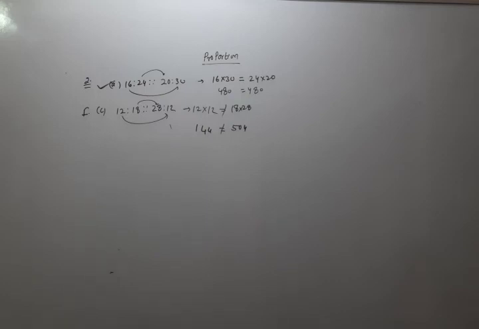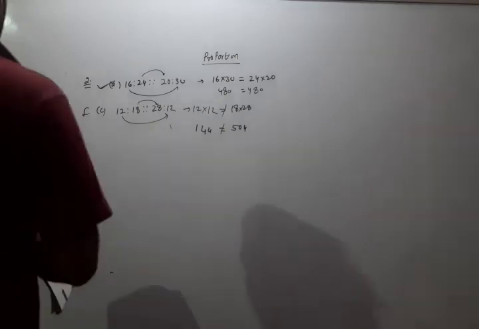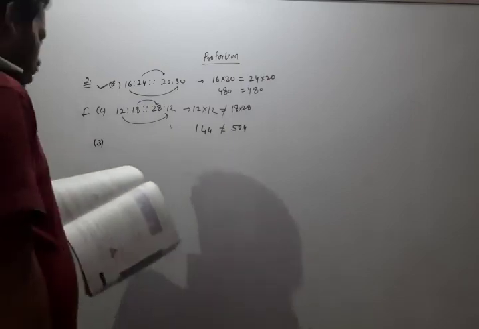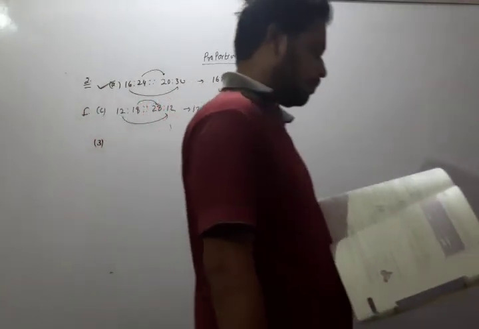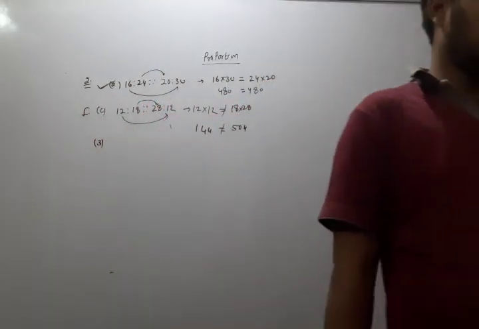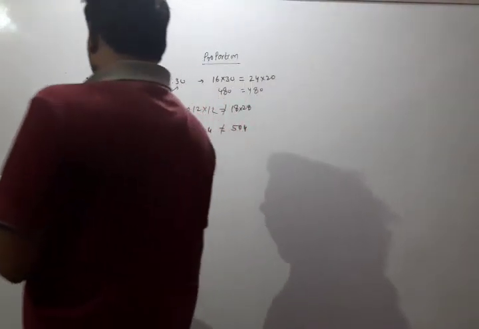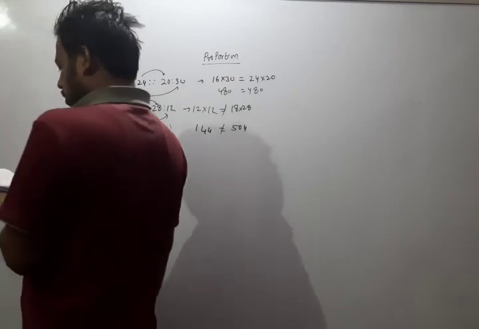Now moving to question number 3. Are the following statements true? 40% to 200% equals rupees 15 to 75. Again we have to find the ratio.